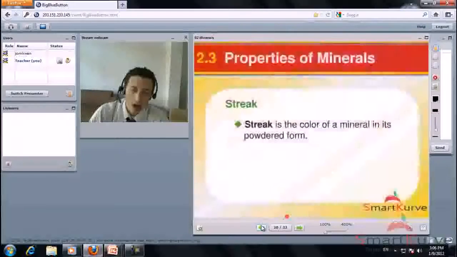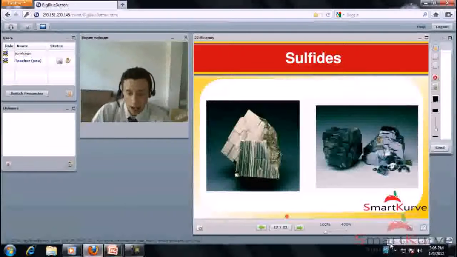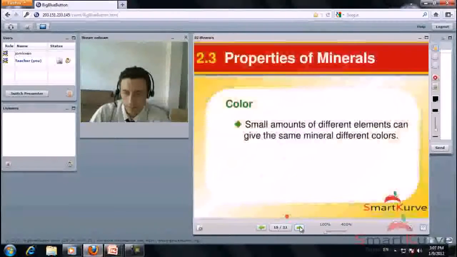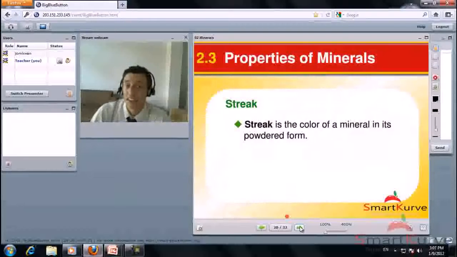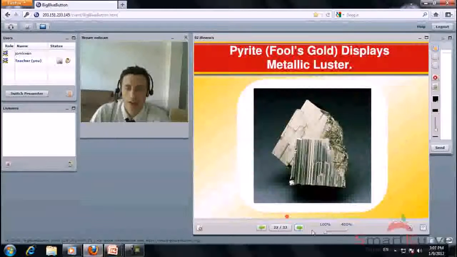When we looked at iron sulfide, the fool's gold, the reason people often mistake that for gold is because it has such luster. It's very shiny, like gold. Other minerals like feldspar, for instance, are not shiny at all. It has almost no luster.